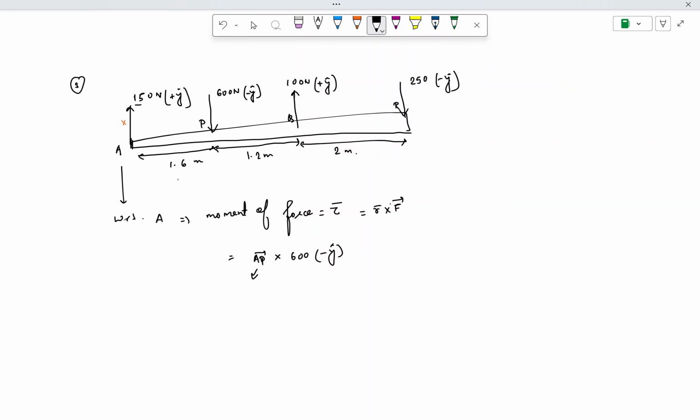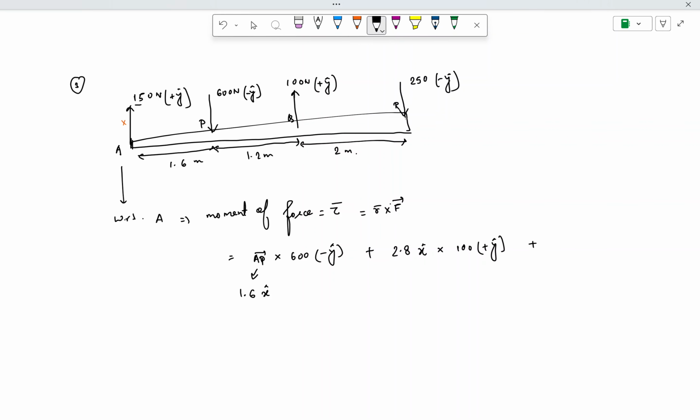The magnitude of AP is 1.6 meter, and because it is in the plus x direction, it is plus x cap. Then the second force, 100 Newton, is at a distance 1.6 plus 1.2, which is 2.8, and this is the AQ vector, with magnitude 2.8 meter in the plus x cap direction. So plus x cap cross 100 Newton in the plus y cap direction.